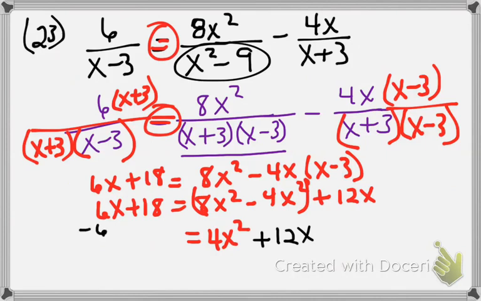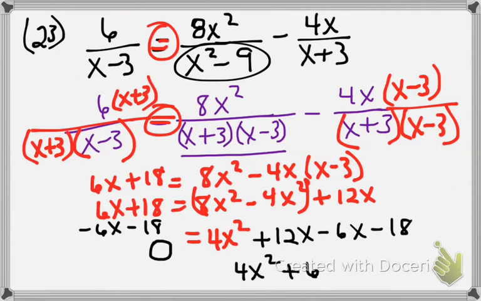If I go ahead and subtract 6x from both sides, and subtract 18 from both sides, then on the left side I have 0, which is what I want because I'm going to have to factor this. So if I combine this a little bit, I'm going to have 4x squared plus 6x minus 18 equals 0. And then I want to factor this and solve it, which is kind of a pain.